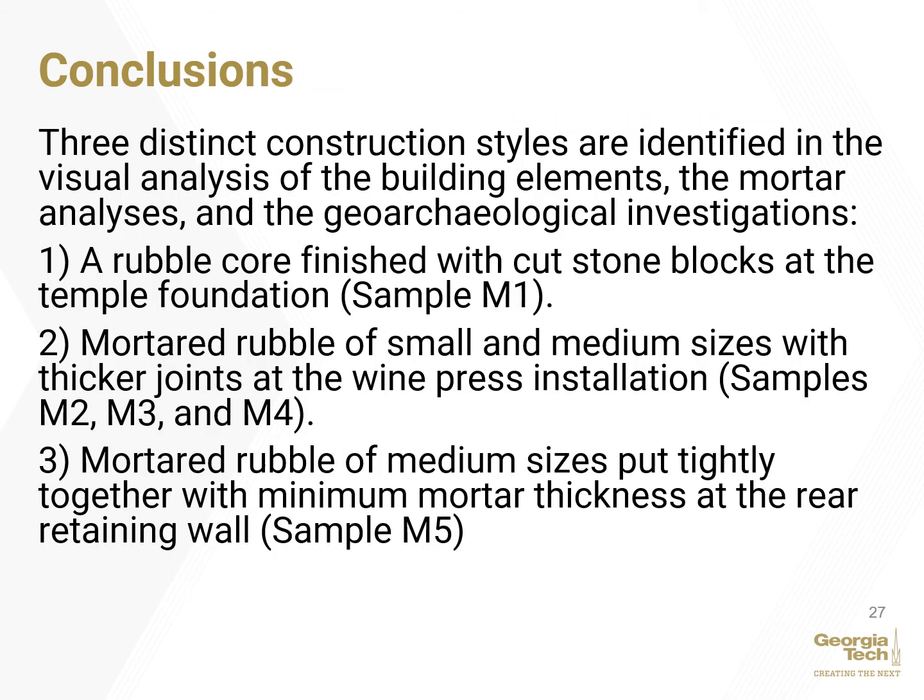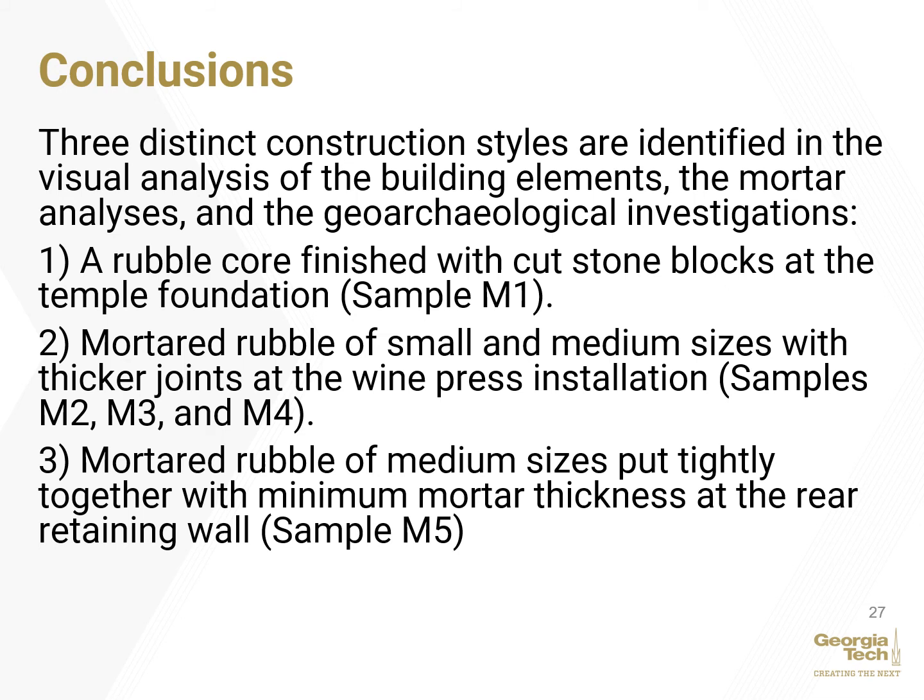So we're moving on to the conclusions, putting together all of the visual, material, and geoarchaeological analysis we've done. We identified three distinct construction styles. The temple foundation had rubble core finished with cut stone blocks.